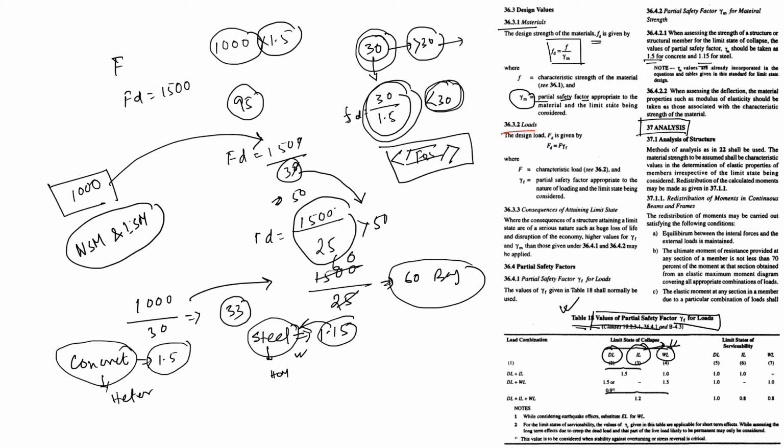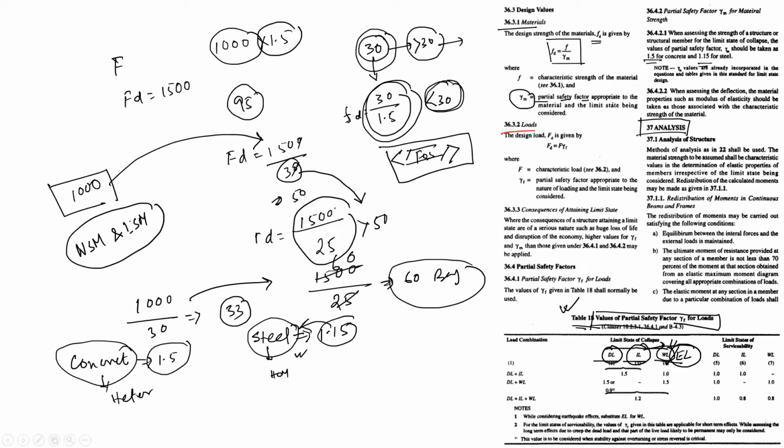If you use the earthquake load, you don't use the WL. At a time you use only one load between wind load and earthquake load. So DL, IL, that is the live load, imposed load, and WL or E.